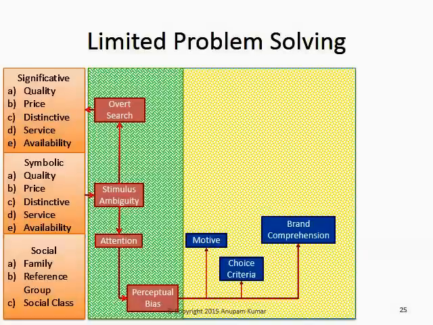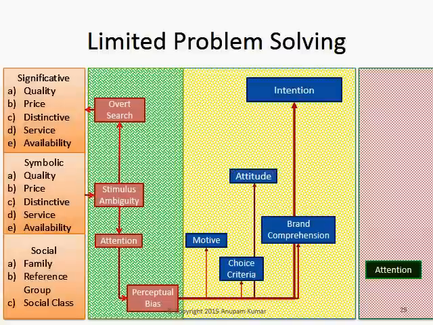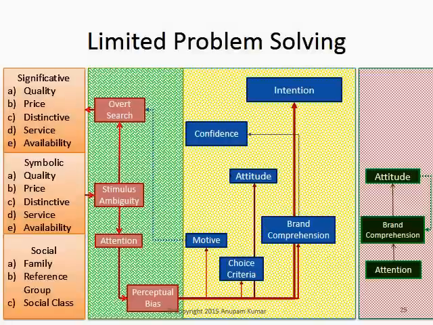You have an intention for the purchase, and through a process of selection, you would form an attitude towards the select. You gain a certain amount of confidence. As a result, your attention gets further focused and the perceptual bias is reinforced.